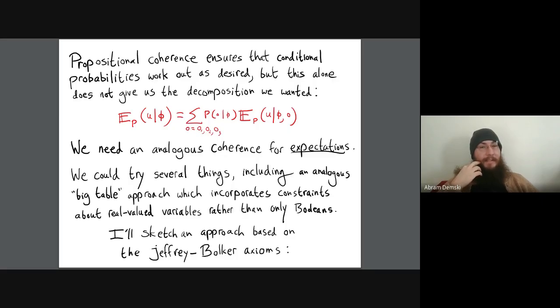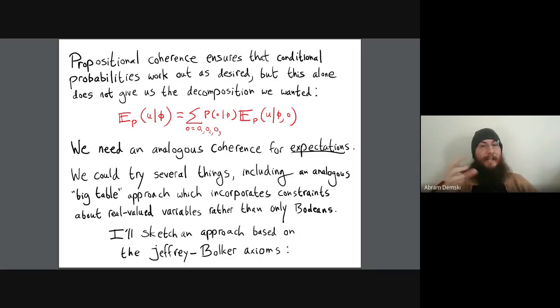But it doesn't give us everything we need for this decomposition that I highlighted earlier. So it seems we need some analogous type of coherence for expectations, not only for propositions. There are several different things that we could try here.